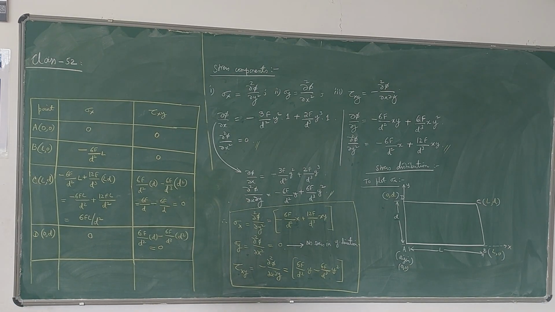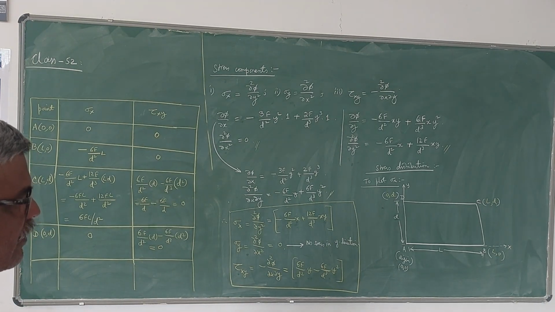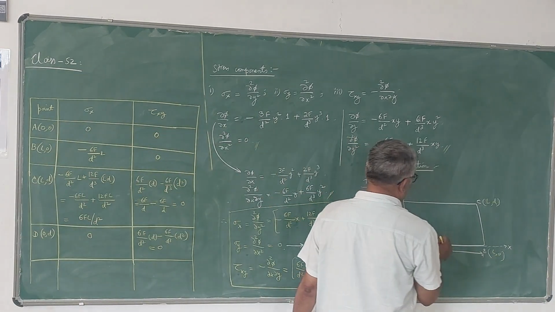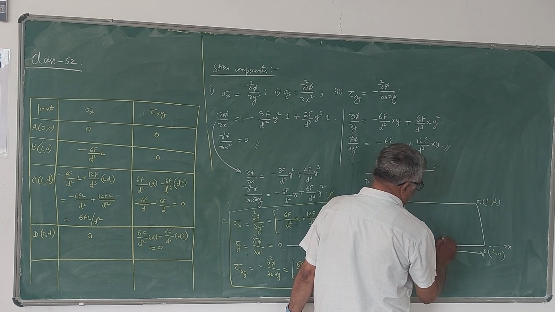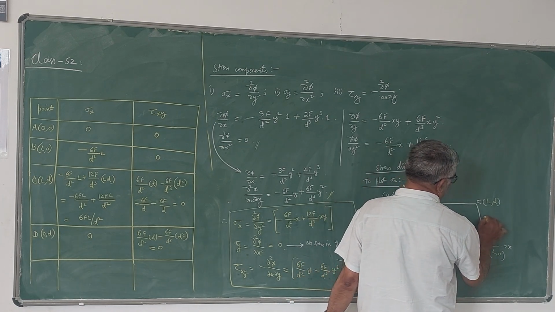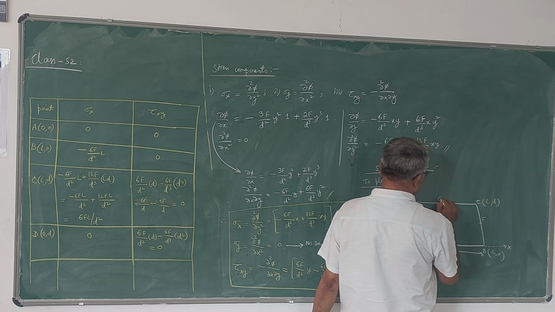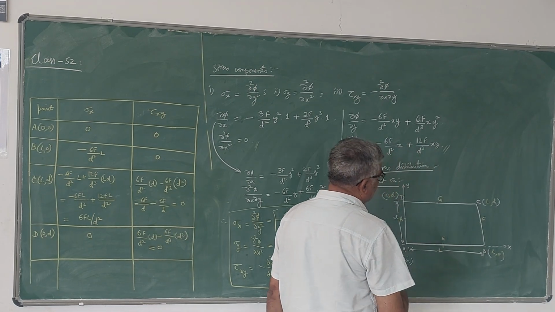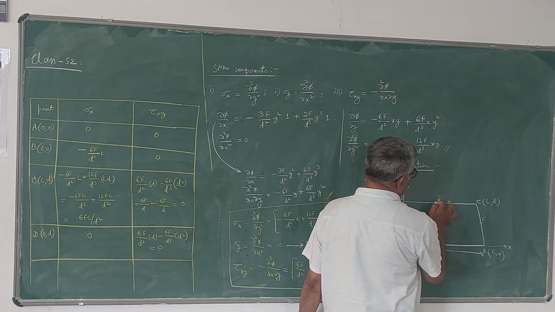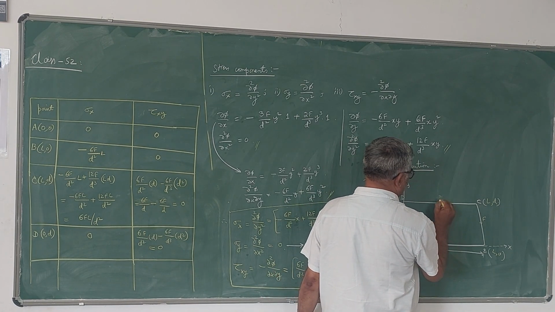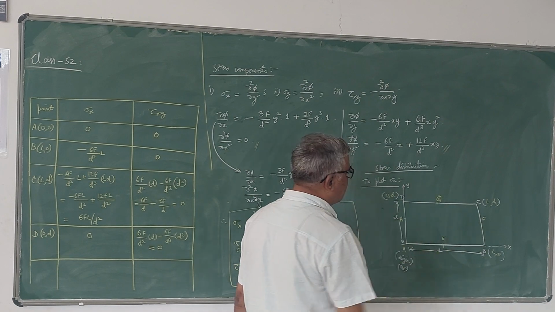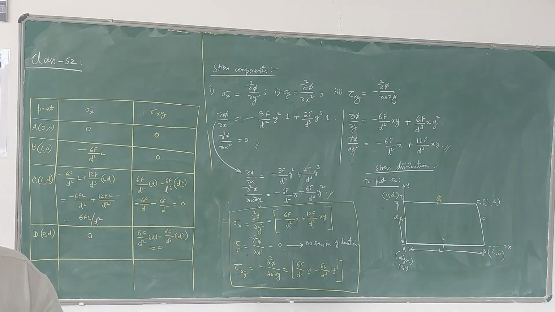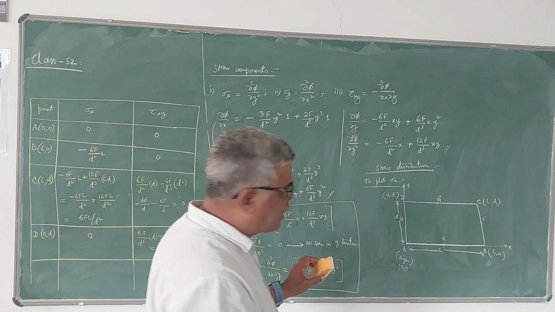Normally what we do is calculate at the midpoints, the midpoints E, F, G, H. Because then you can get the exact distribution. Only at corner points is not sufficient.